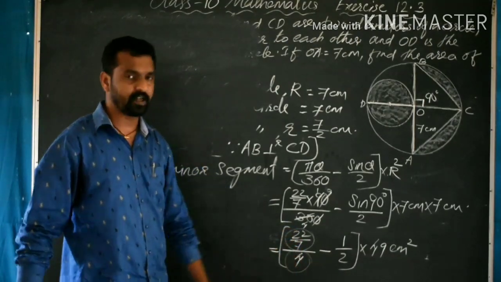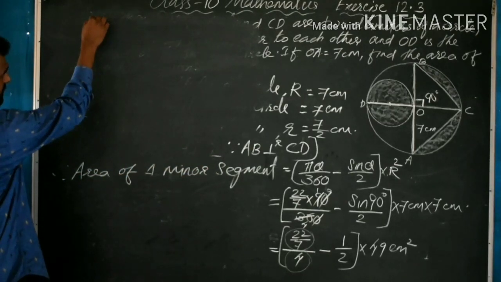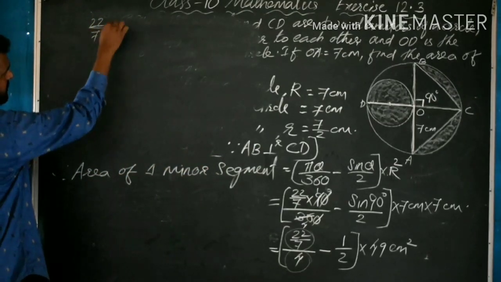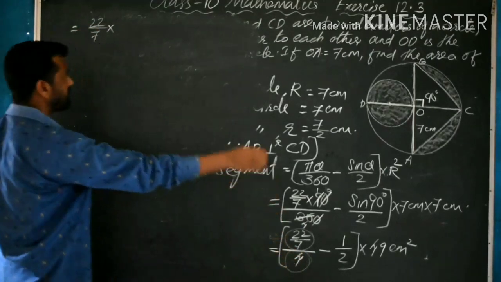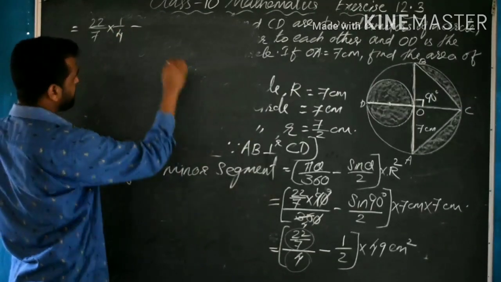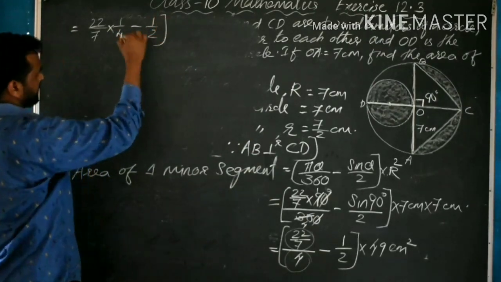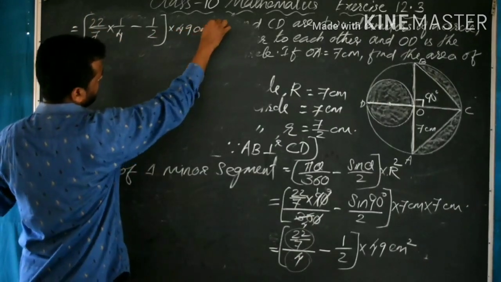While dividing two rational numbers, we multiply by the reciprocal of the denominator, that is 22 divided by 7 into 1 by 4, minus 1 by 2 into 7 sevens are 49 centimeter square.